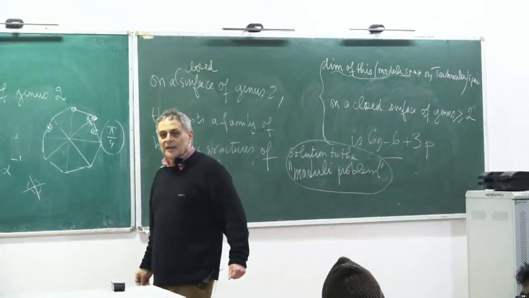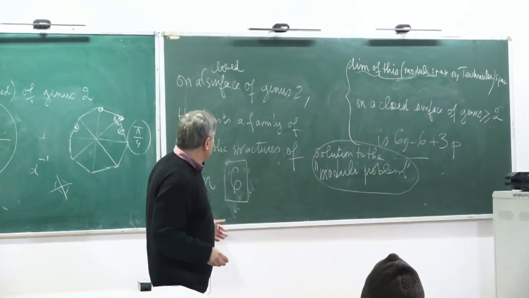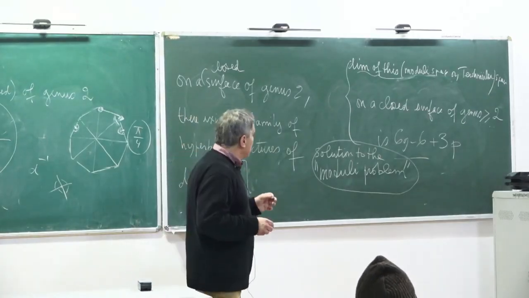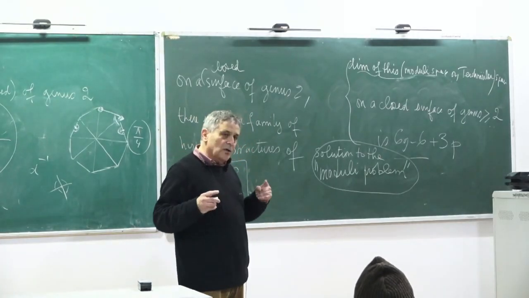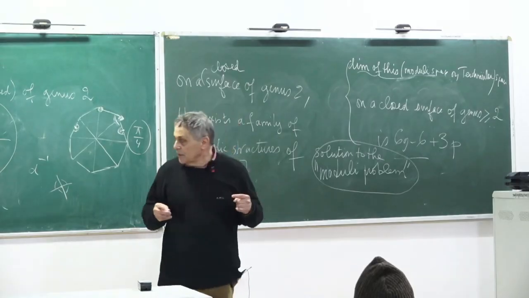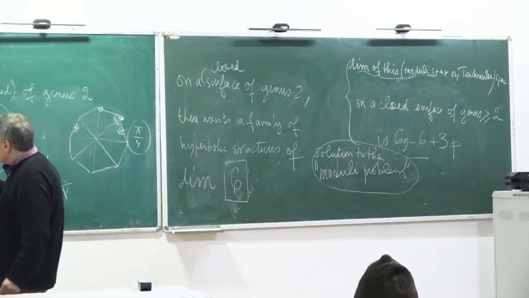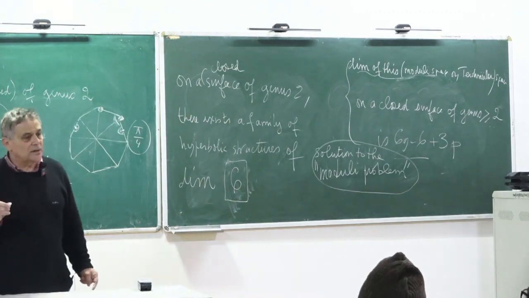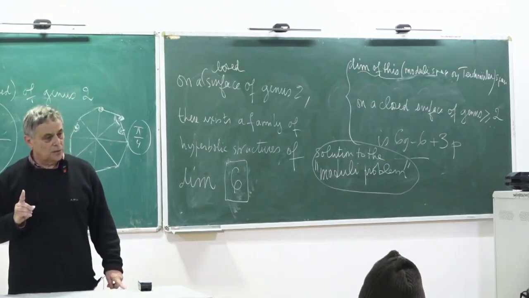What is the question? He said if you add punctures, in fact, if instead of closed surfaces I allow punctures, you have to make precise what you mean by puncture from the geometric point of view, not just from the topological point of view.